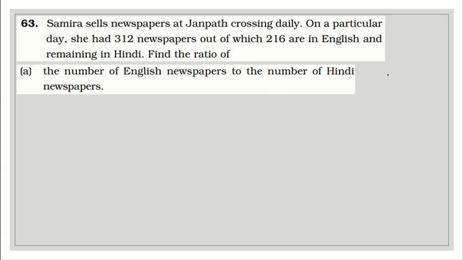See children, here out of 312 she has got 216 English newspapers, where the remaining are Hindi. So, you need to find the remaining newspapers by subtracting 216 from 312, and it comes to 96.